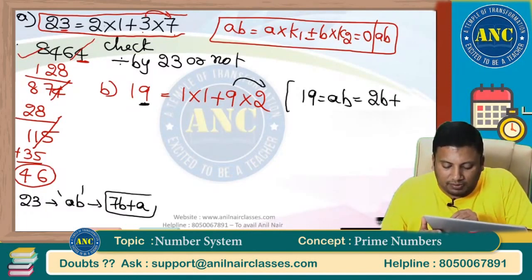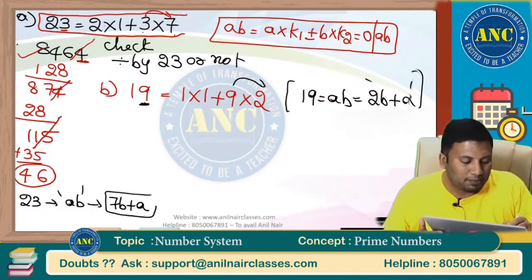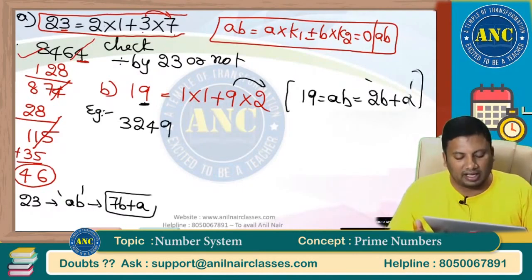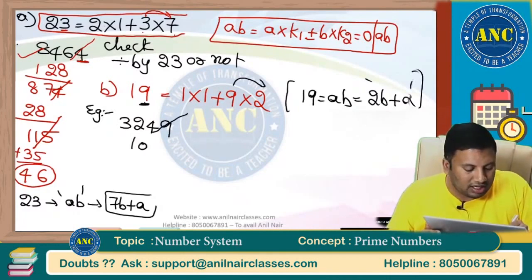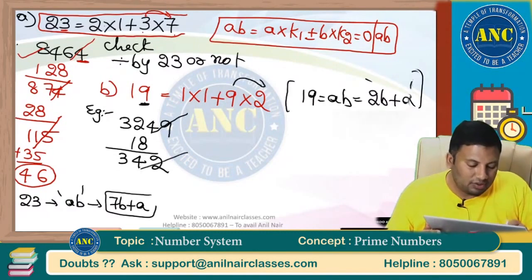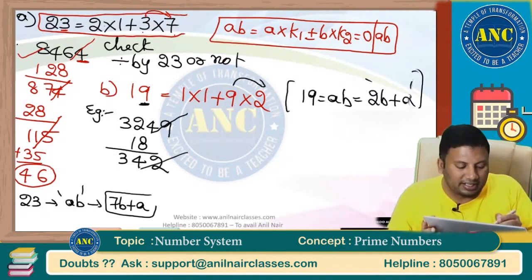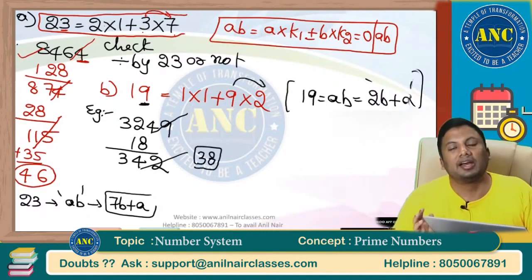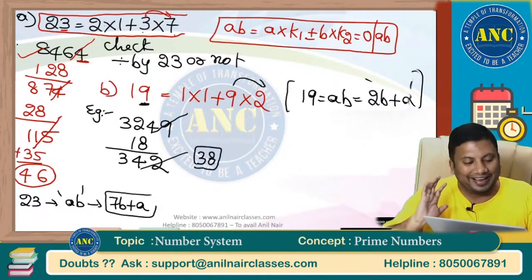So the divisibility rule of 19 is 2B plus A. Suppose for example 349, check whether it is divisible by 19. Take the unit digit, double it: 9 2s are 18. Add it: 52. Take the unit digit, double it. Add it. 38. 38 is divisible by 19. I hope the idea is clear.